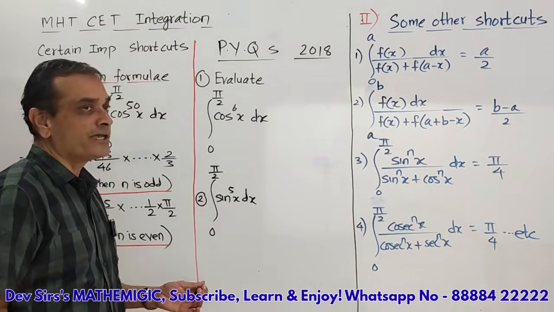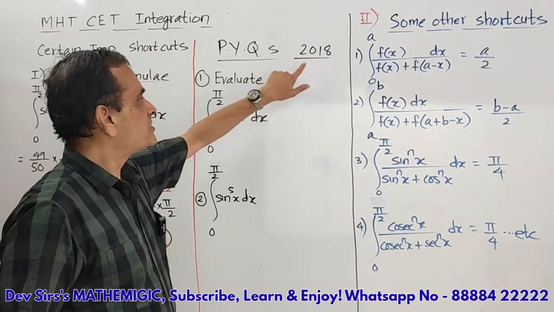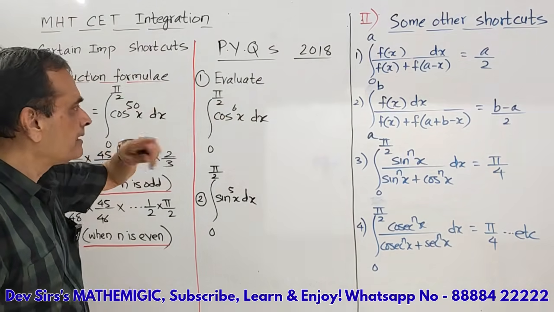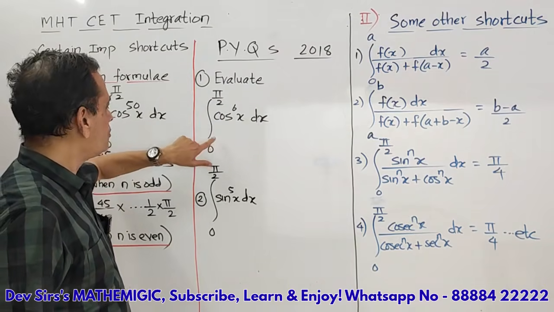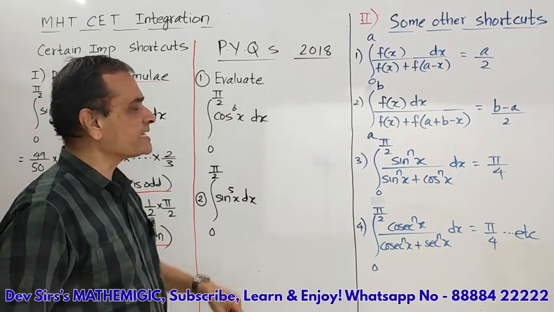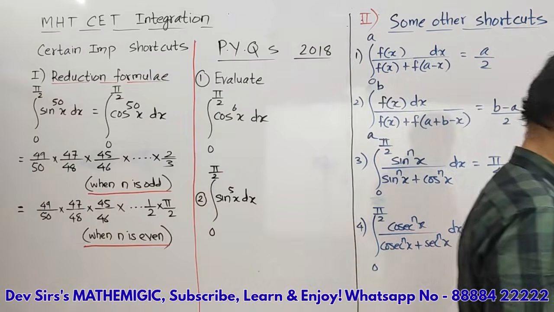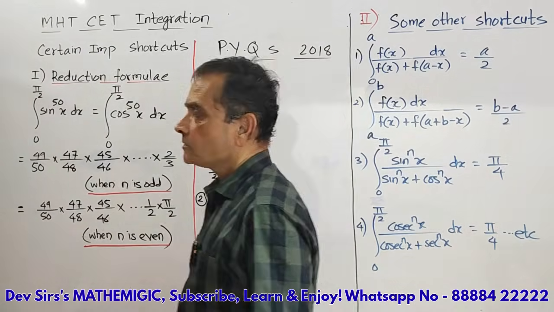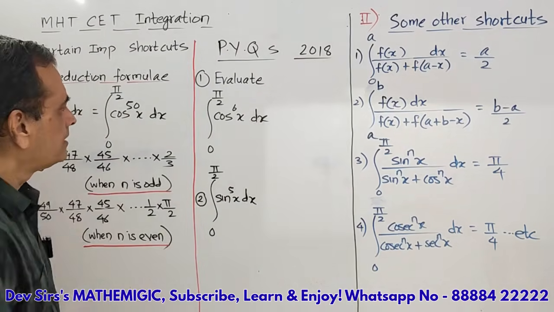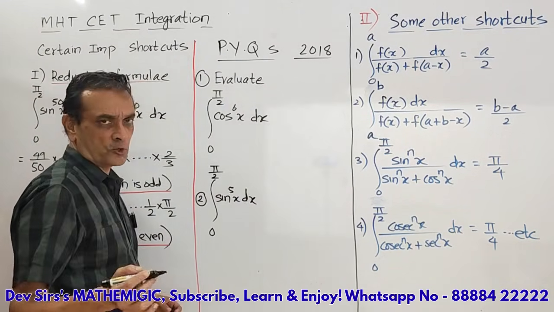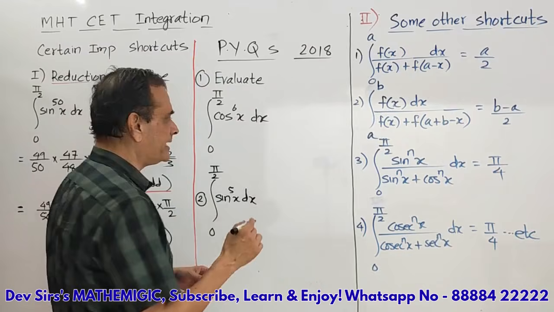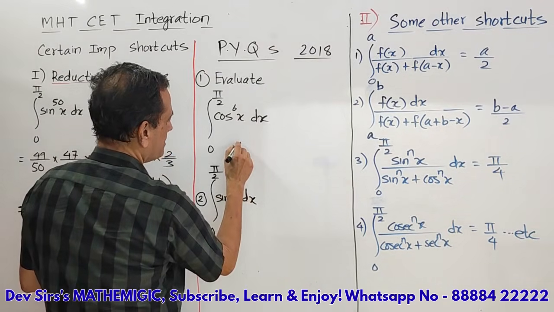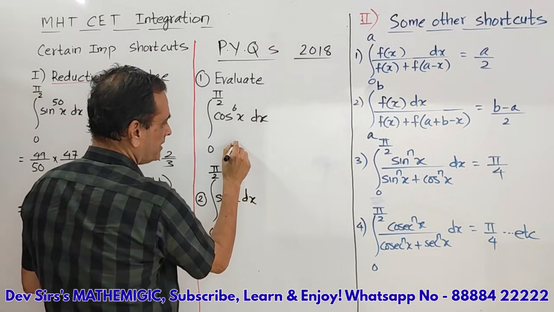Now, certain PYQs. First one was 2018. Evaluate 0 to pi by 2 cos raised to 6x dx. तो चलो start करो. Reduction formula. You don't have to write anything. Just calculate. See. Denominator 6. Important.